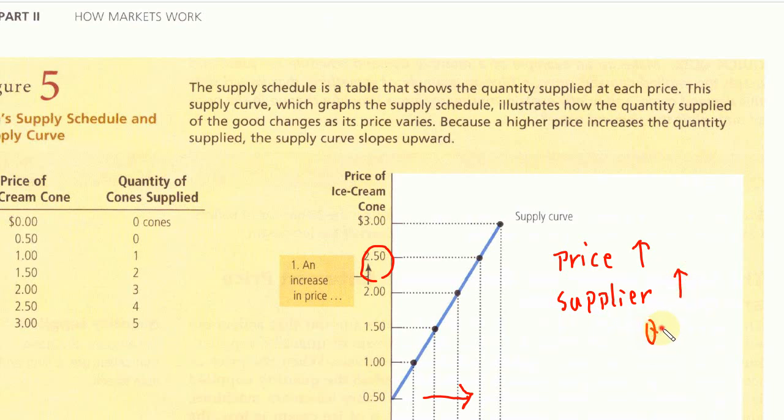Here, as an example, the quantity of ice cream cones. Okay, this is a very natural phenomenon in supply. This is very basic, and then we see the next step.